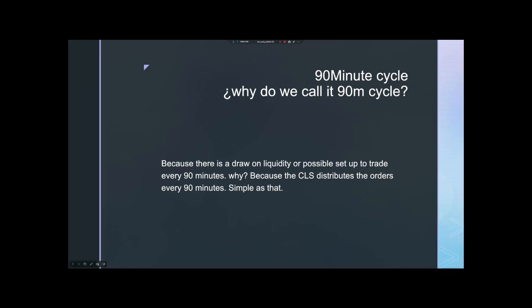No, it's simple. Imagine from a specific time, which I'm going to explain in the next chapters, CLS starts to distribute the orders, and 90 minutes after they close all those orders.